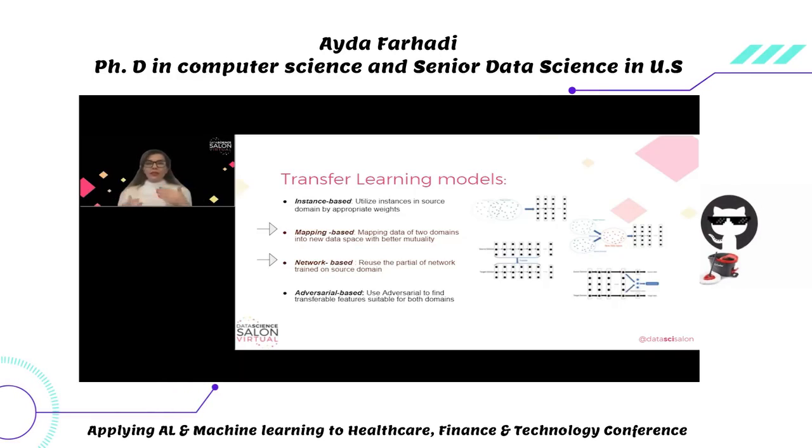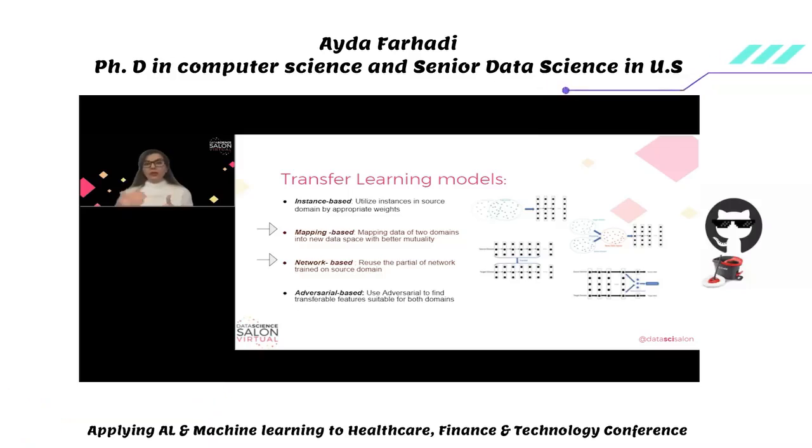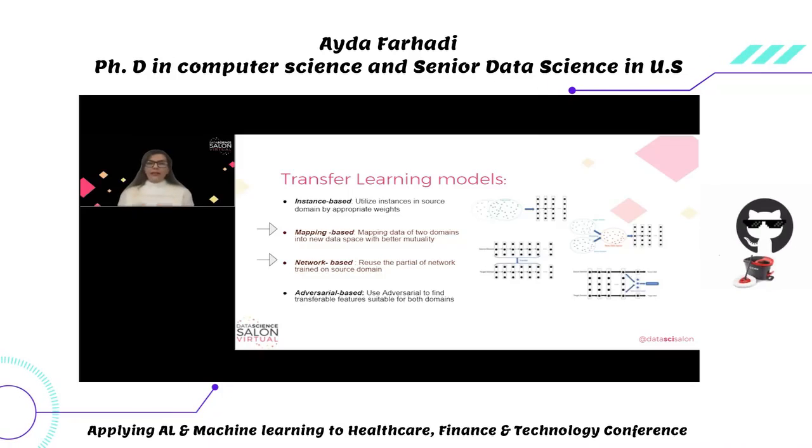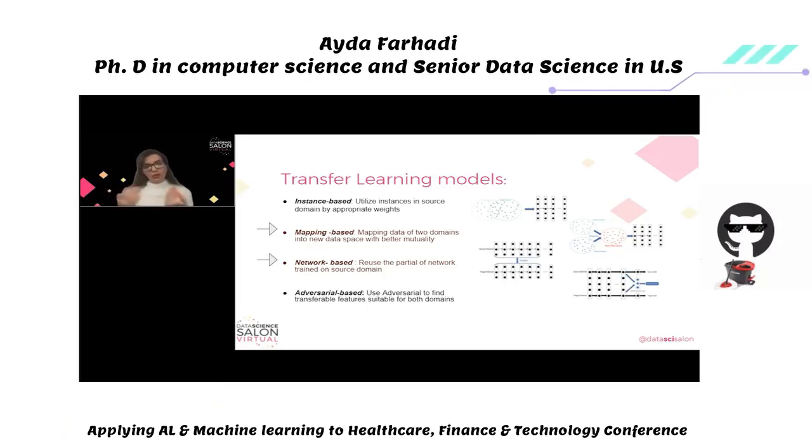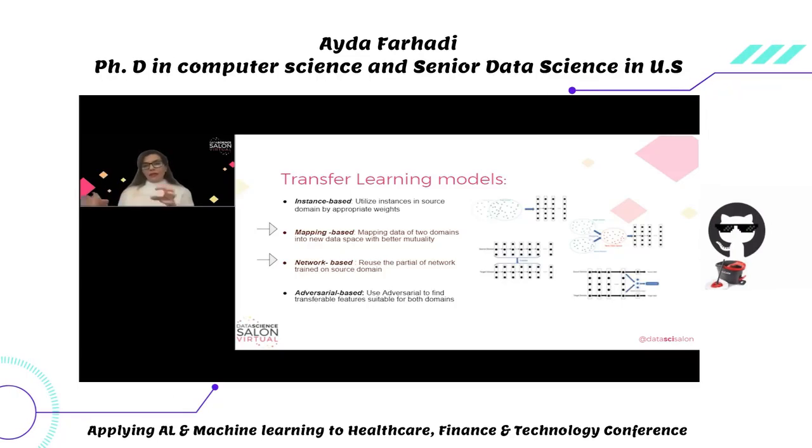However, in soft transfer, which is more popular, you reweight the instances that you want to transfer to the target model. That has been utilized in some of the papers that were trying to transfer the instances from one facility to another facility, where the data set was related to similar patients.